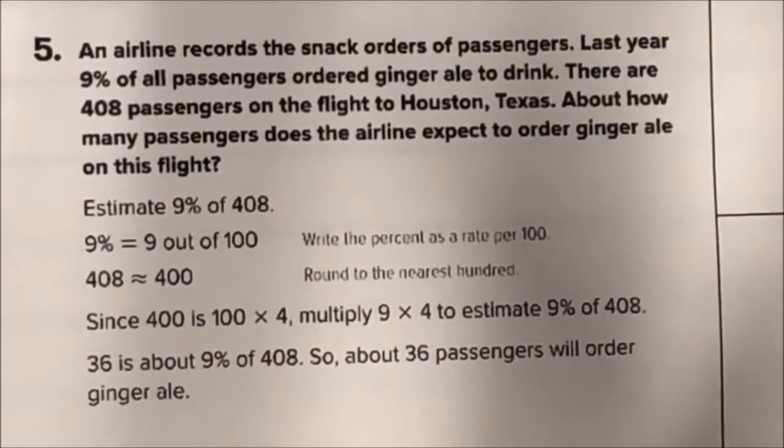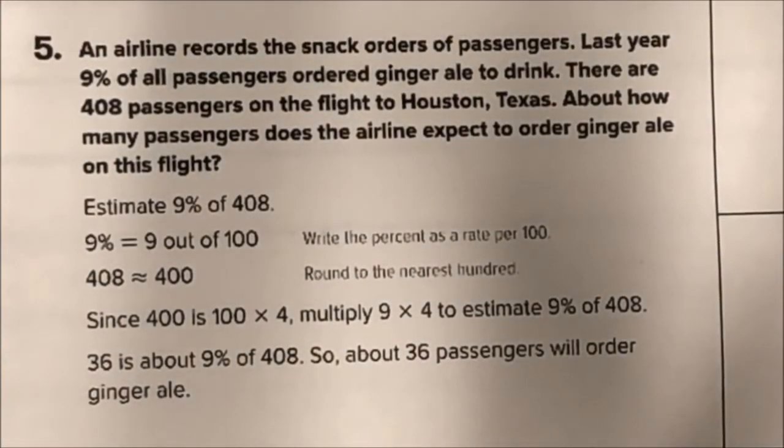Example number 5 says an airline records the snack orders of passengers. Last year, 9% of all passengers ordered ginger ale to drink. There are 408 passengers on the flight to Houston. About how many passengers does the airline expect to order ginger ale on this flight?